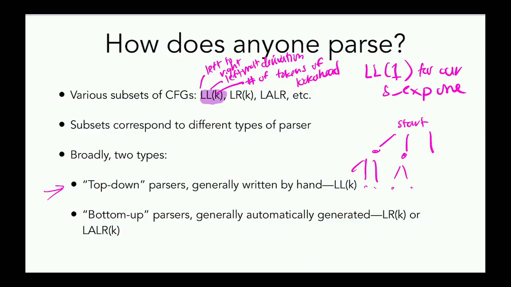The problem is, a while into everyone doing this, they figured out that the error messages you get back from this are really, really brutal. It's really hard to get any kind of reasonable error messages out of it. And so for a long time, C, GCC specifically, was using just the top-down recursive descent type parser that we were seeing earlier.